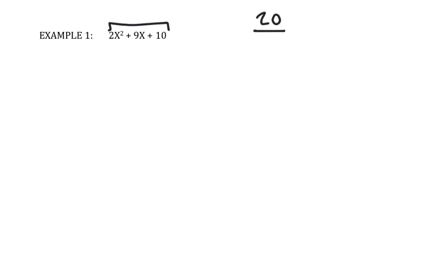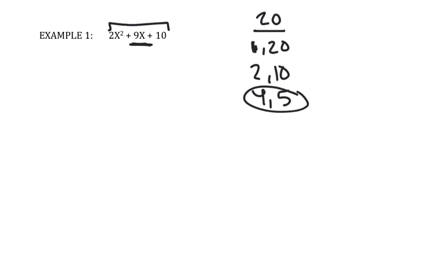We're going to list all our factors of 20, which are 1 and 20, 2 and 10, and 4 and 5. Our middle term is positive, so that means all our factors are going to stay positive, and 4 plus 5 will give us 9.